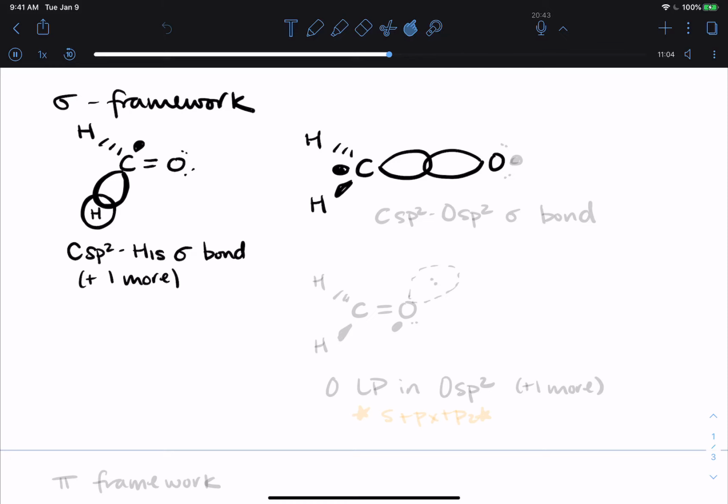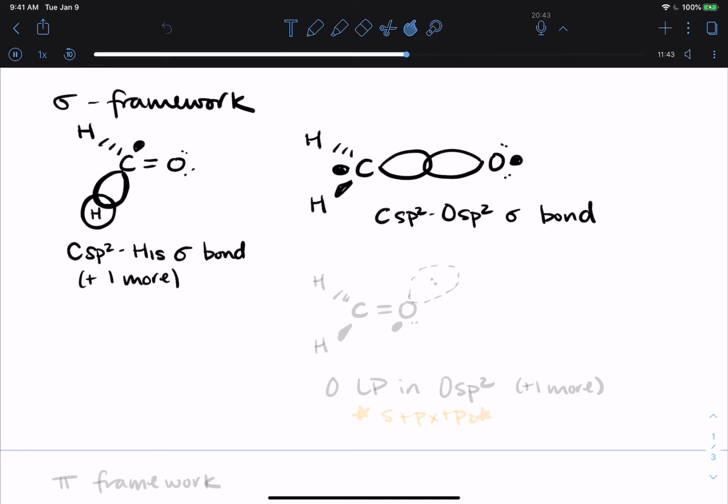There's oxygen for the center, and then it's got a little lobe here, right? I've got two sp2 orbitals that are pointing at each other with their big lobes, which will give me a lot of good constructive interference to make these bonds. And let me get my lone pairs in on oxygen. This is my carbon sp2, oxygen sp2 sigma bond. And I don't need to say plus anymore because there's only one. So this is the only bond like this in the molecule.